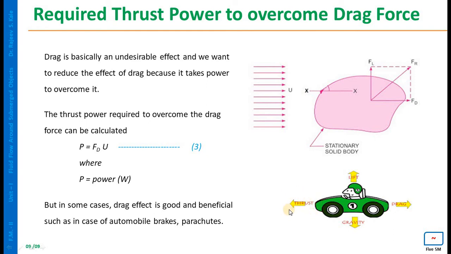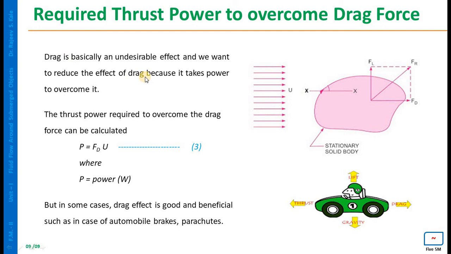So the force required to overcome the drag force is known as thrust. Mathematically, you can work out the thrust as Fd into u, where Fd is drag force, u is the velocity of flow. So this you have to overcome to run the car.